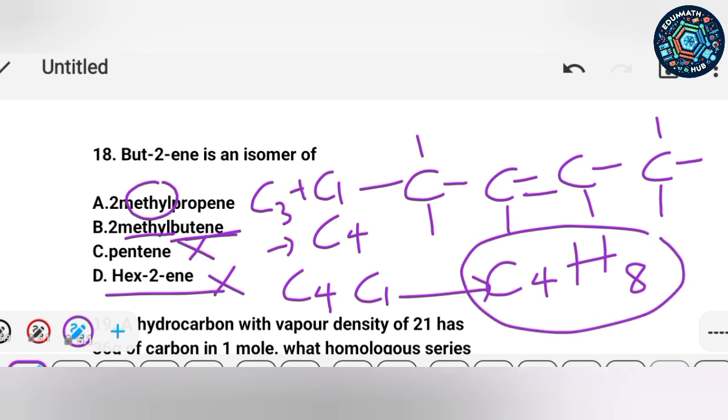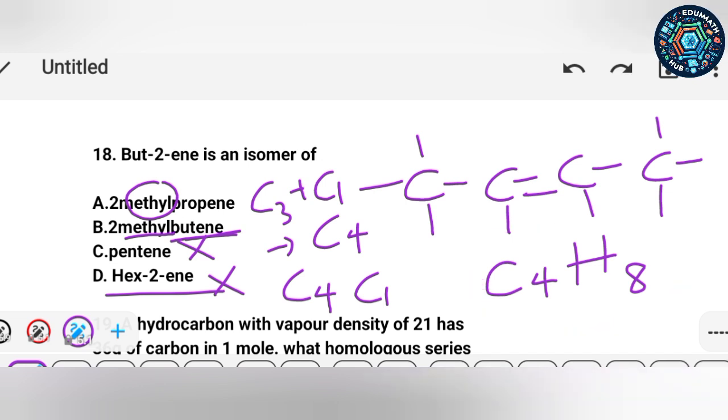So you can see that these options are out of it. Option B is out of it. Option C is out of it. The only answer there is A, because A will give you 4 carbon atoms. Propane, which is 3, plus methyl, which is 1. So at the end of the day, you have C4H8. So the faster way to get the answer is this method I just gave to you. So the answer is option A. Okay, option A is the answer.